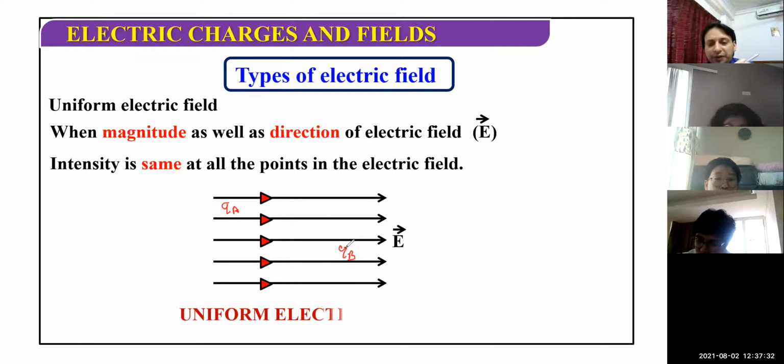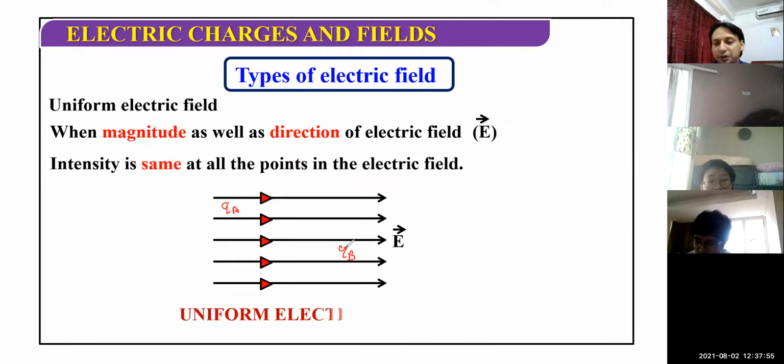Now the question is, will the forces acting on the charge QA and QB be the same or different? Remember, this is a uniform electric field.